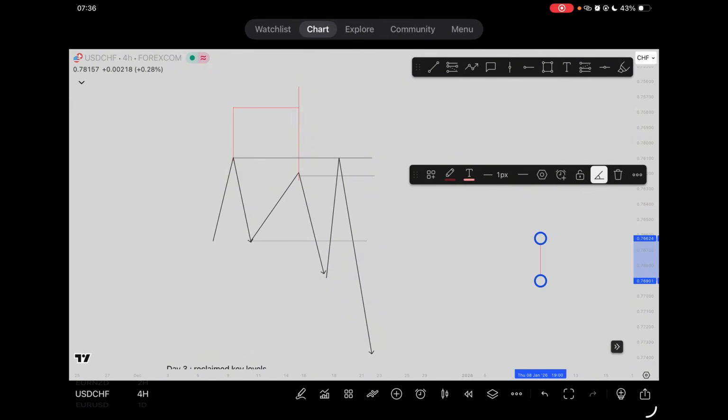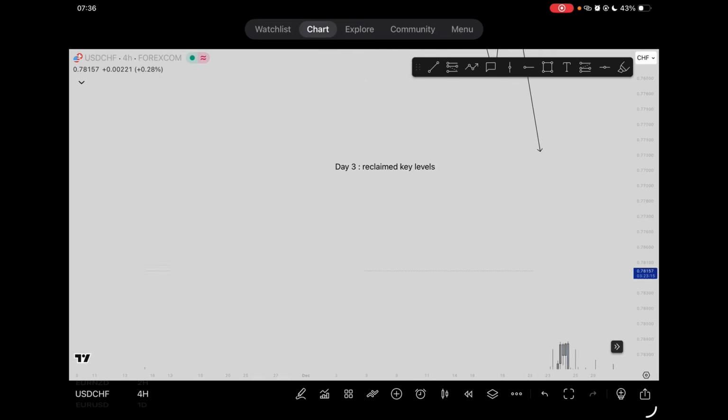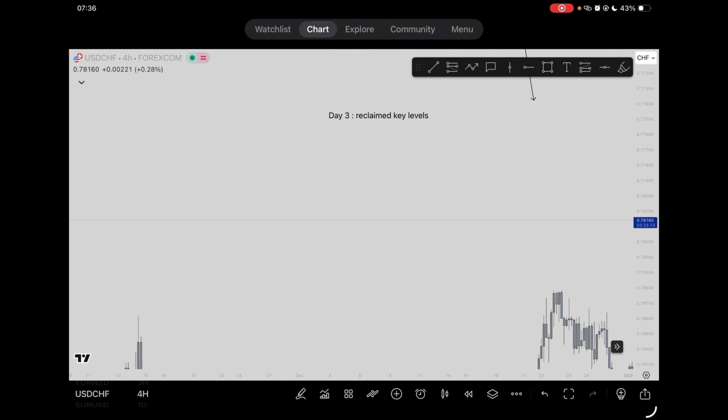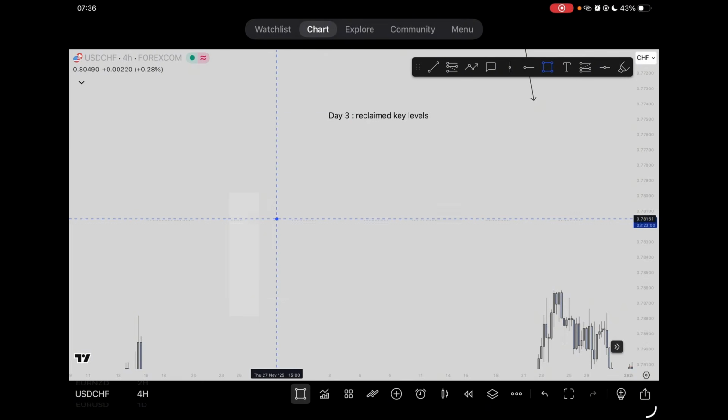You understand? Now, same thing for the open and close. There are some cases where it might be single. You understand? Let me show you what I mean by that. Key levels right here. Now, let's see this. Key level right here. Another key level right here. Now, then there's another key level that came up right to this point.